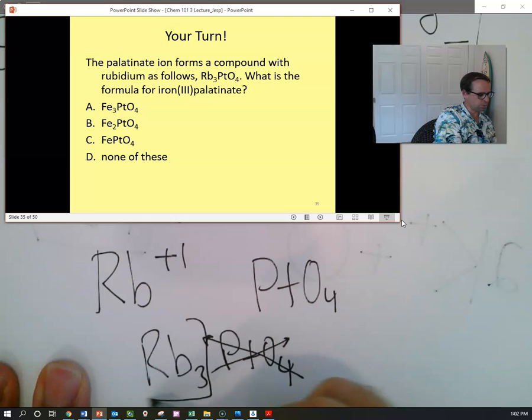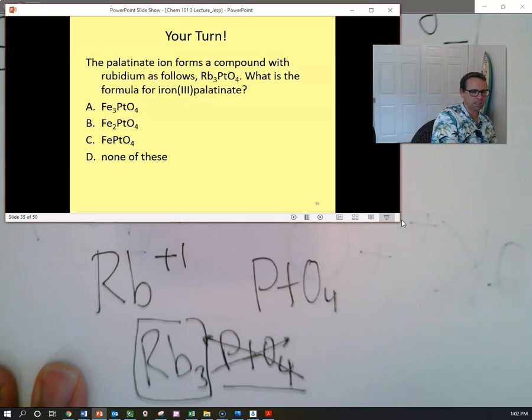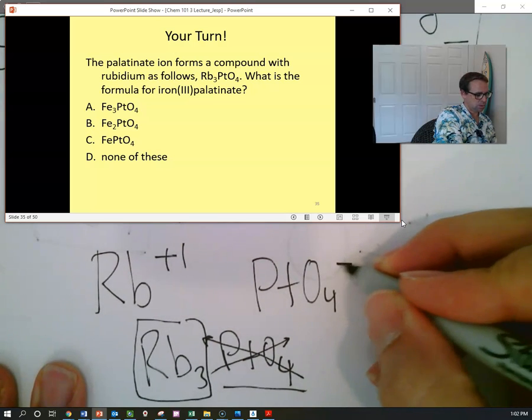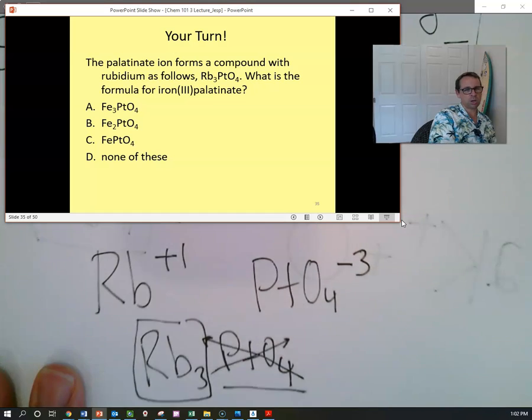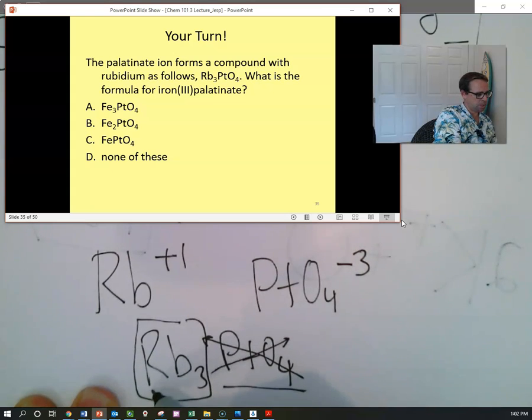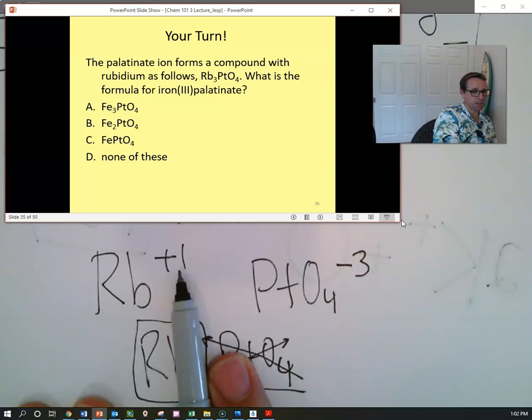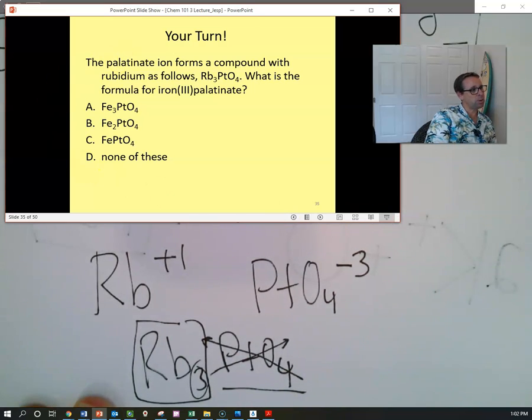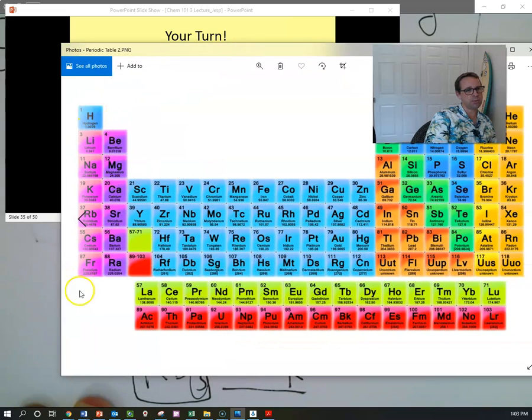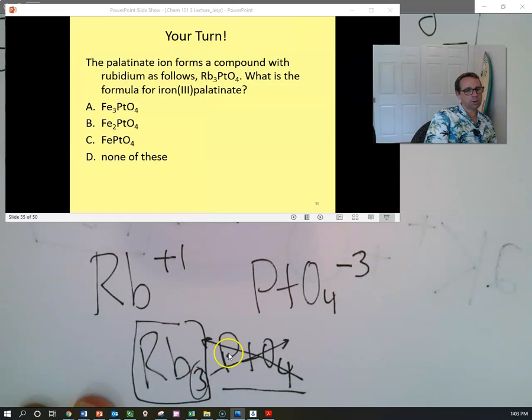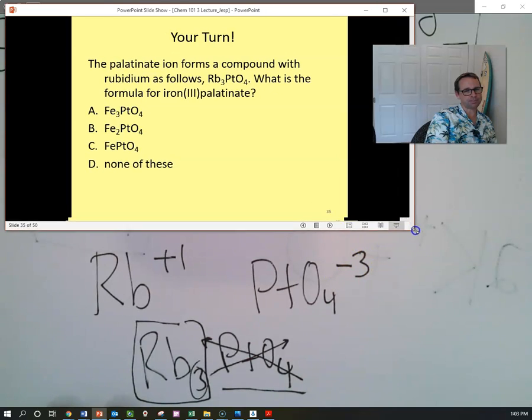And if it says we need 3 rubidium for every 1 platinate, the platinate must be a -3 charge, right? Can you see that? Because we were told that we needed 3 rubidiums, and because rubidium is at a place on the periodic table where it always has a +1 charge, anything in this first column will have a +1. Therefore, that must mean the platinate is a -3 charge.